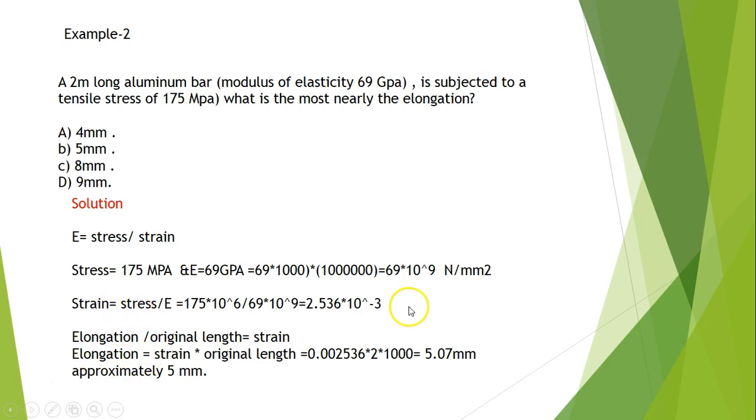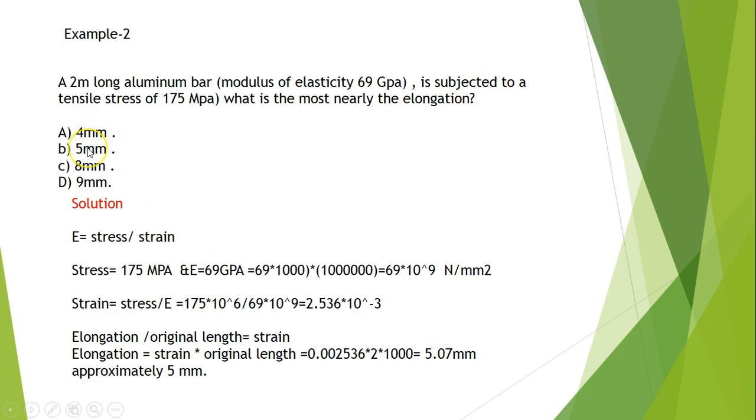So we will multiply this value by the 2 meter length, converted into millimeter, which is 2000. We will get that the elongation or deformation is equal to 5.07 millimeter.